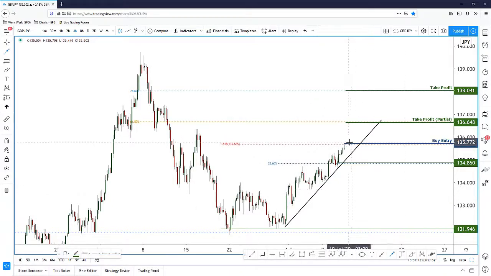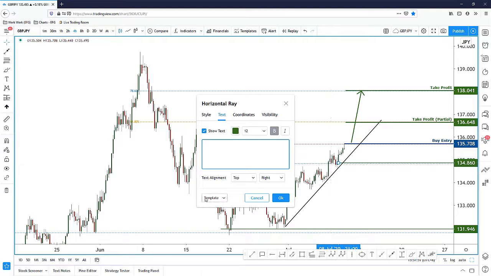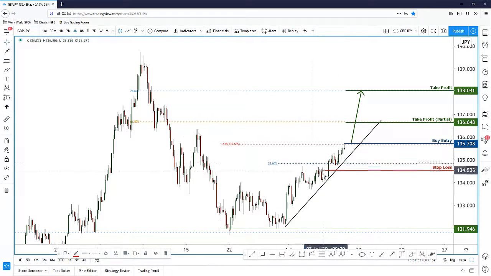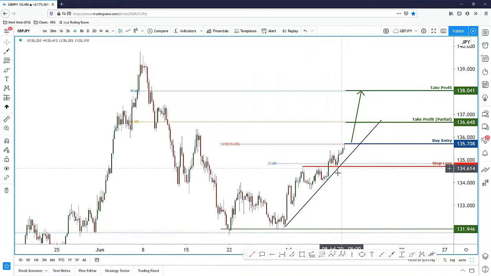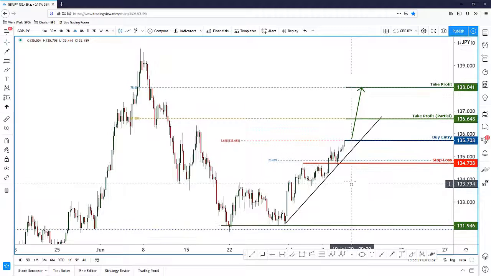Once price breaks above the buy entry, I'll have my take profit here and my take profit there. And of course, my stop loss will be slightly below this 23.6. I'll back it up a bit, because this 23.6 is possibly another entry level. So this is for the low risk traders.